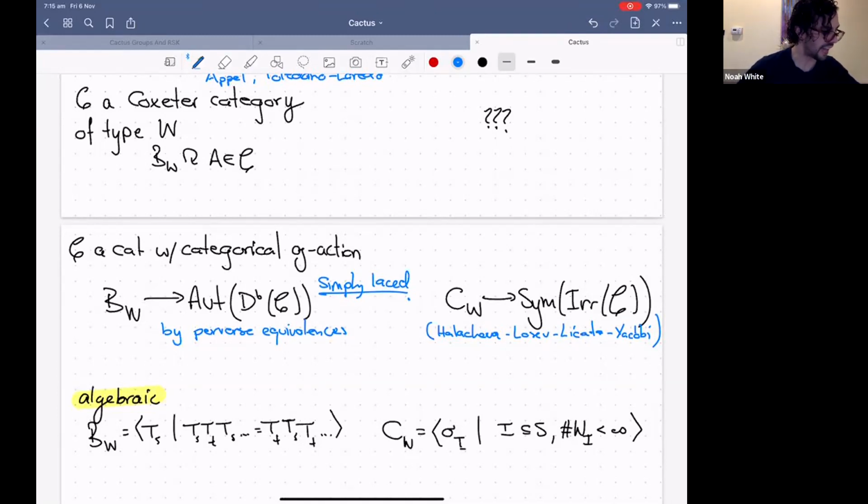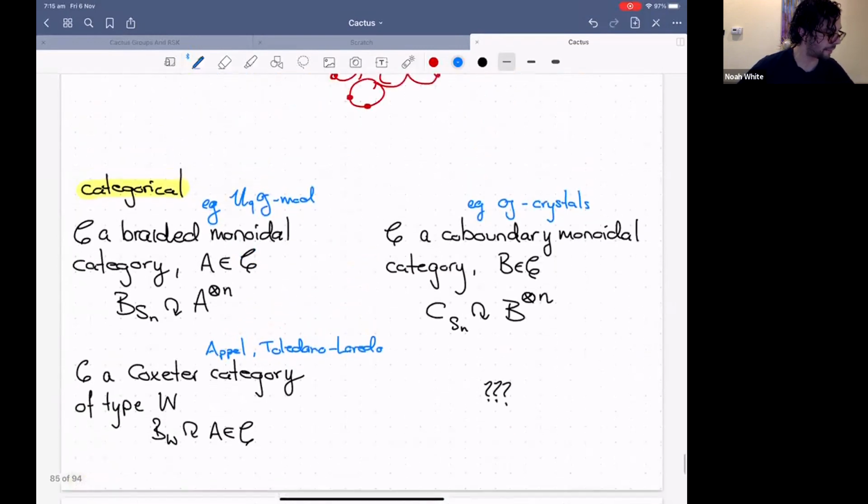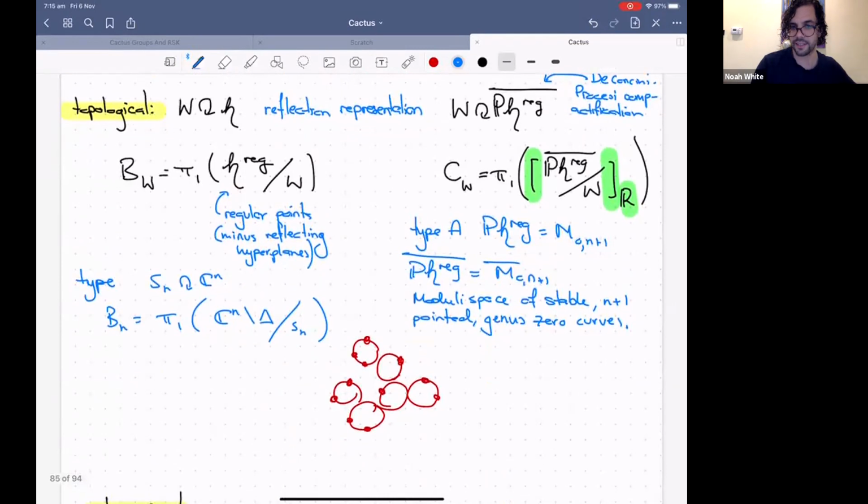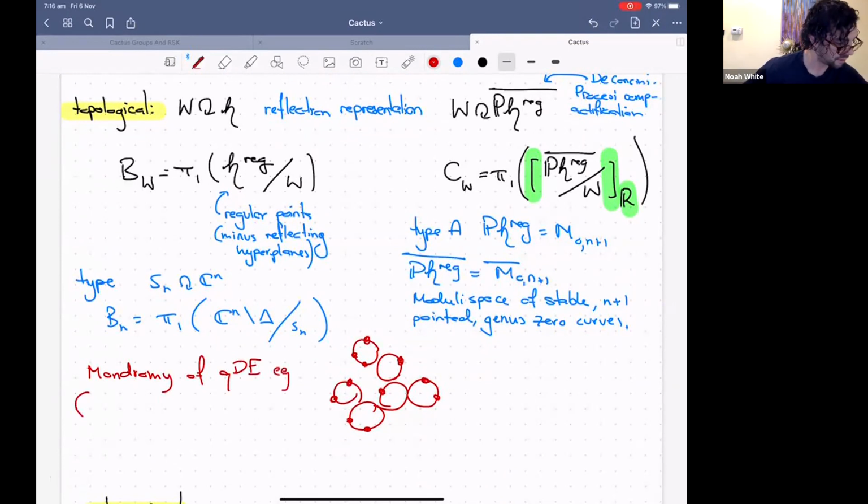And so maybe I should also say that there's something else happening back up here in topological land. There are actions of braid groups. So here I showed you that the braid group is appearing as a fundamental group, and so you do get actions of braid groups by monodromy of quantum differential equations. So for example, the KZ equation.